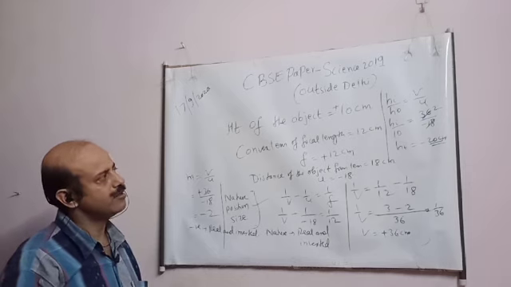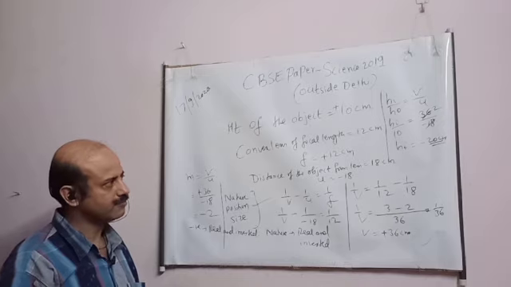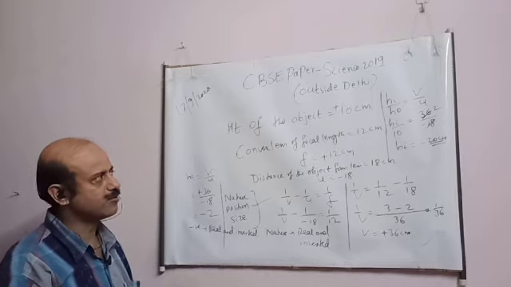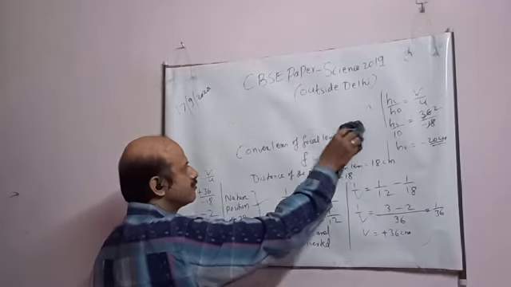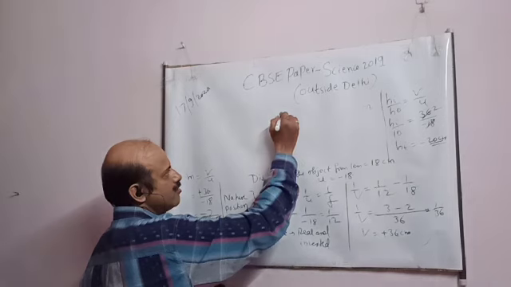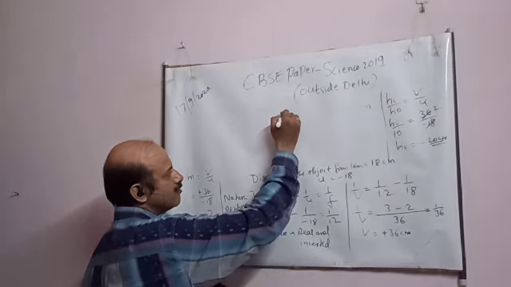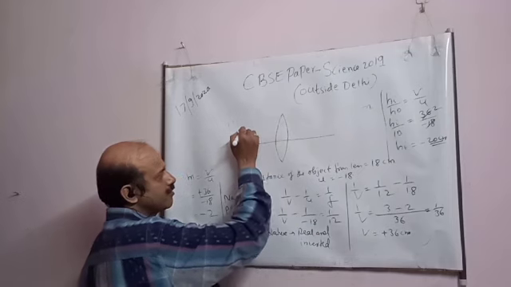So this is how, student, you have to solve the question. You have to remember the sign convention always. And the sign convention is, student, how you draw the lens. You draw the lens, student. One side you keep the object.